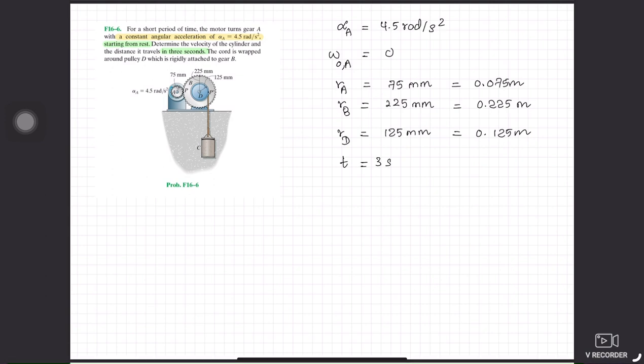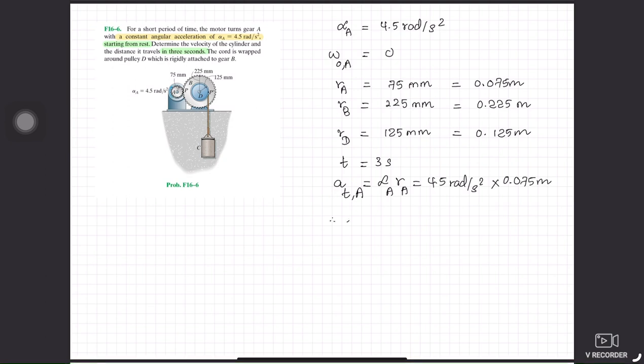So from these given facts, we have known information about gear A, and we can find the tangential component of acceleration of gear A. So it's a_t A equal to alpha A times r_A, equal to 4.5 radian per second squared times 0.075 meter.